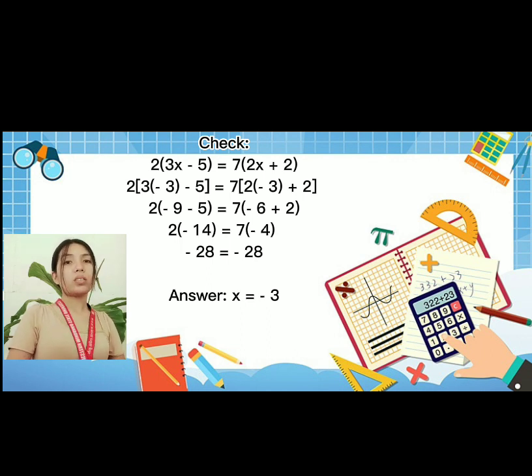So now negative 9 minus 5 is equal to negative 14, and negative 6 plus 2 is equal to negative 4. And 2 times negative 14 is equal to negative 28, and 7 times negative 4 is equal to negative 28.